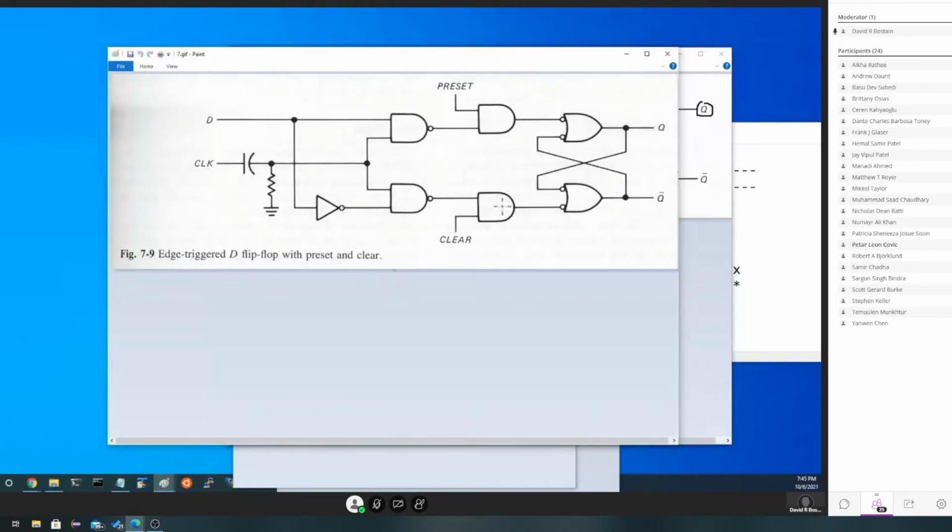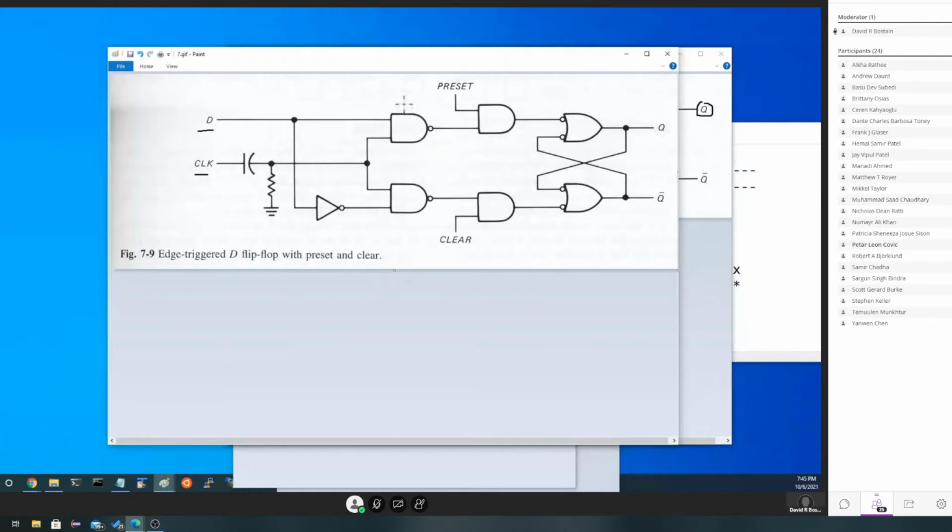Let me explain this because it's a little tricky on the eyeballs. Normally, preset and clear are held high, or low, depending on how we design the chip. Then D works just like we said it did. Every time there's a rising edge of the clock, D gets transferred through to Q.